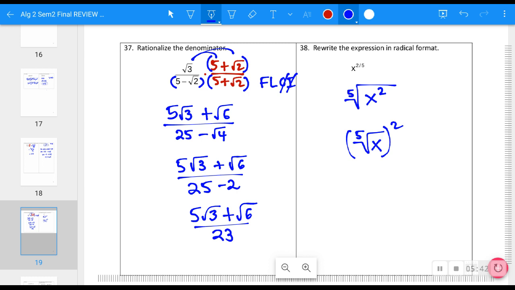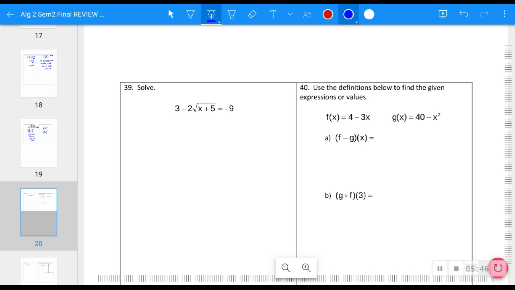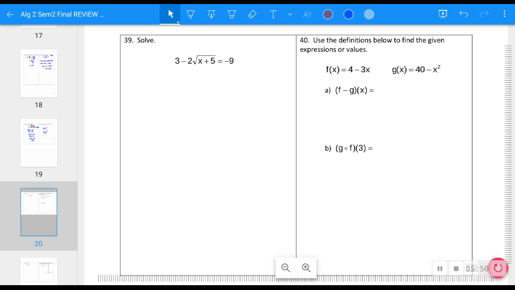Okay, problem 39. We're supposed to solve this, and in order to do that we have to get the part that has a radical by itself. So some preliminary work here. Subtract 3 from both sides. And divide both sides by -2.